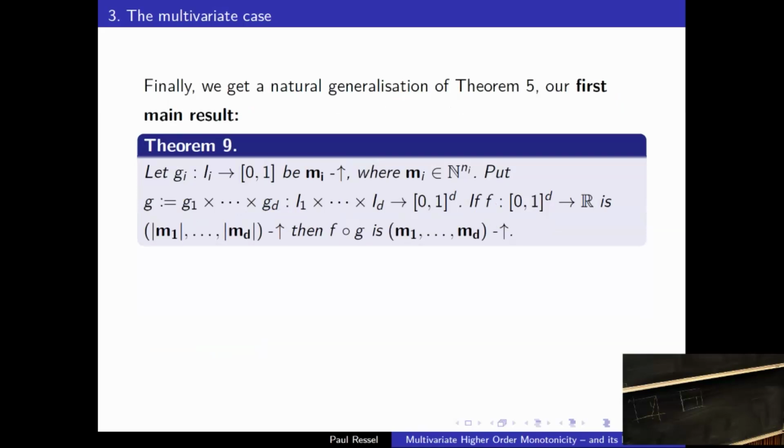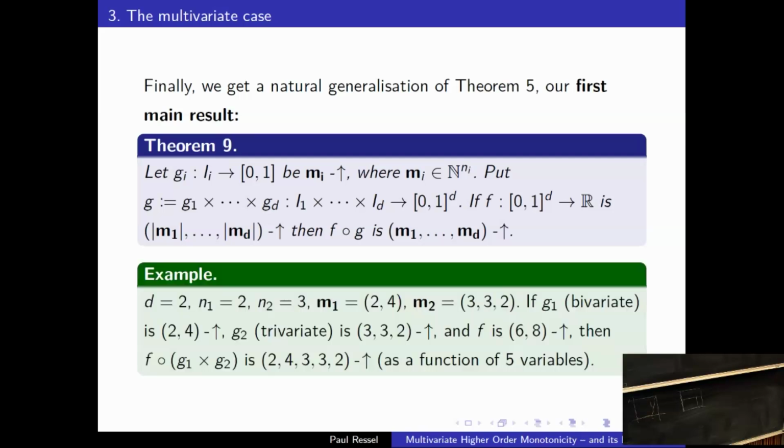And again, I consider this concatenation of these functions that goes into the unit cube. And if f is increasing, so f is now a function of d variables, and it is increasing with the norm of mi in the first place and so on, then the composition of f with g has this index of monotonicity, just the concatenation of these vectors m1 up to md. That's a very general result.